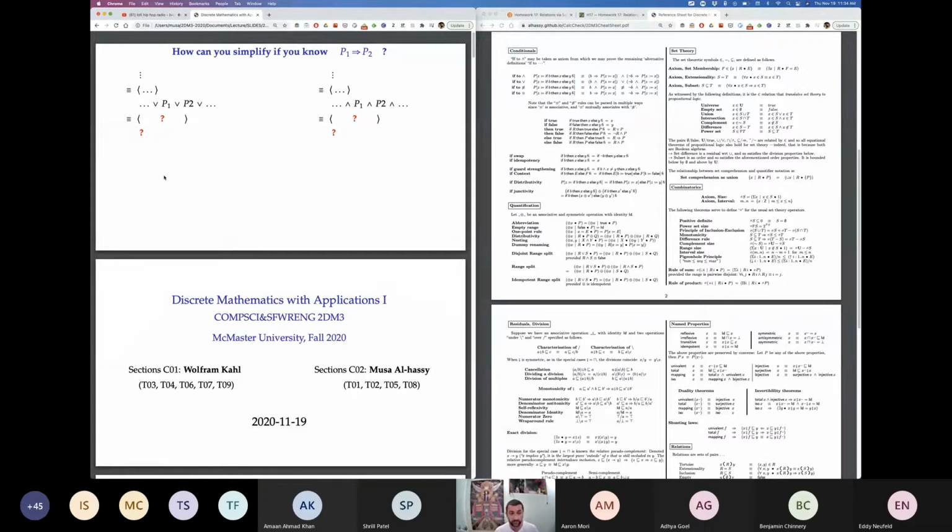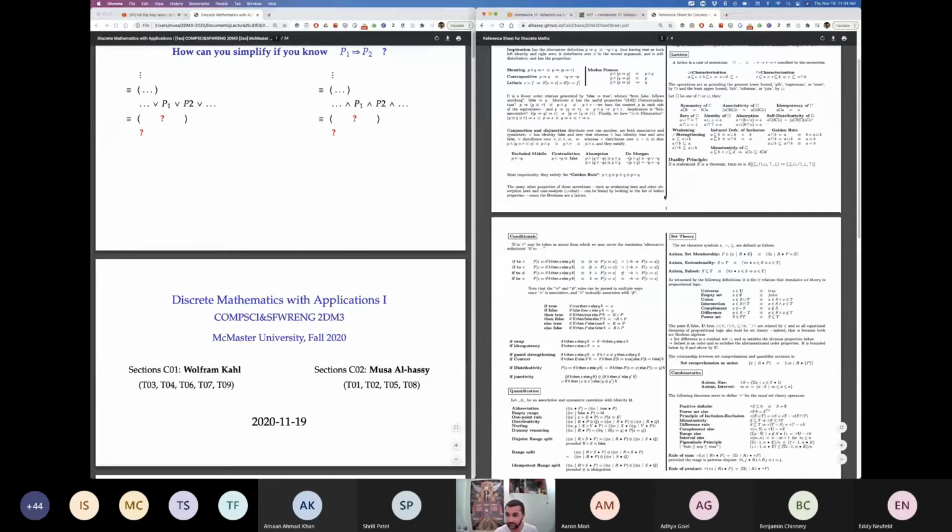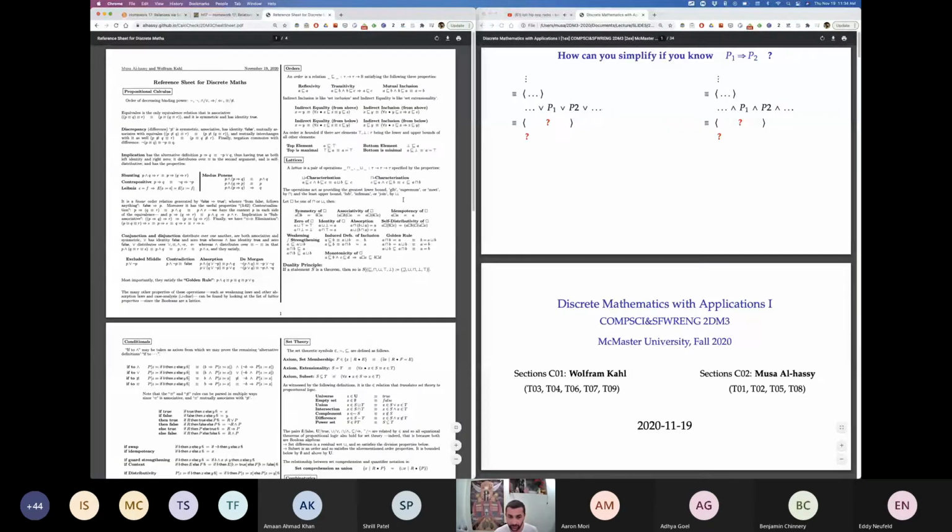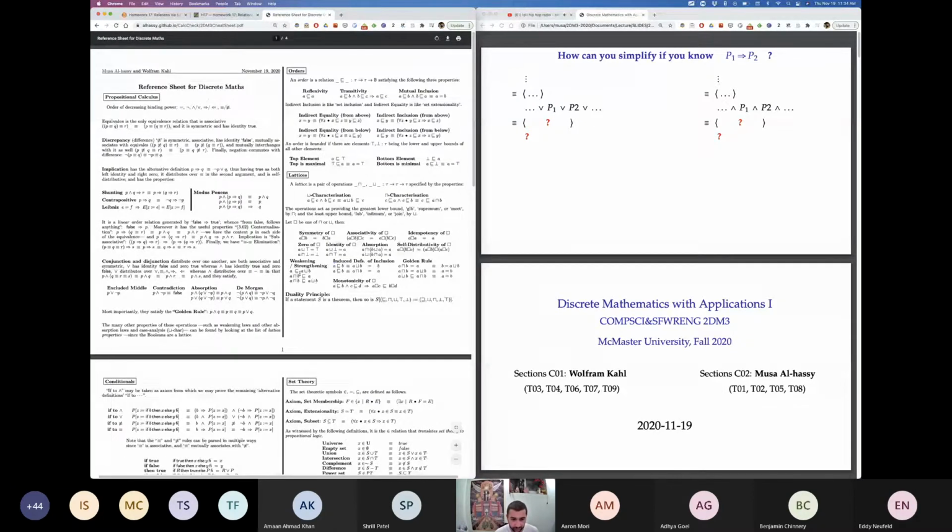So the opening slide. How can you simplify if you know this? This is back from assignment 2. Inclusions can be rendered as meets or as joins. If we look at the cheat sheet right here, we have the induced definition of inclusion.